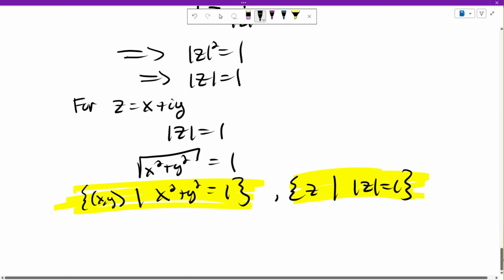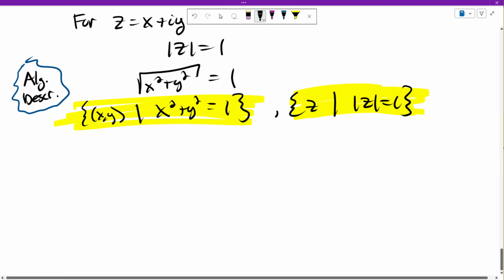This is algebraic solutions. But we also know that x squared plus y squared is 1 describes the unit circle. So let me say these are algebraic descriptions. And then we also have a geometric description.